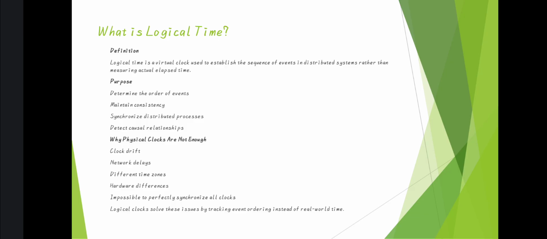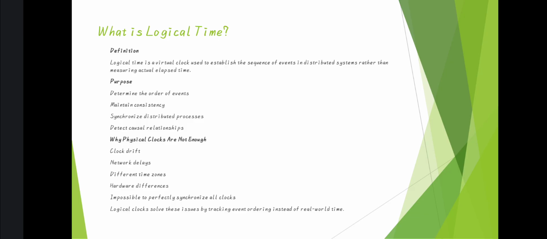This is called clock drift, and these problems call for a logical clock. The next point is network delays. Sometimes there is a network error or the network stops. These are the problems of network delays.